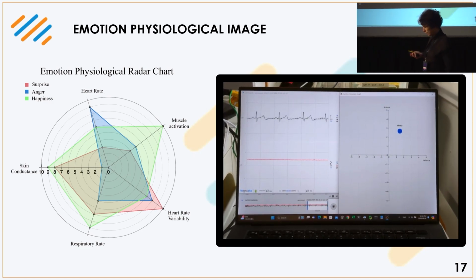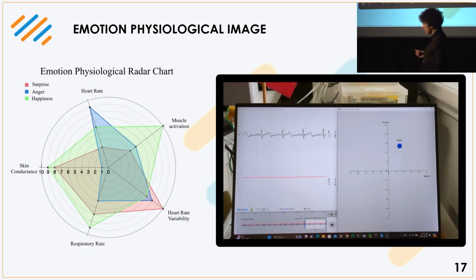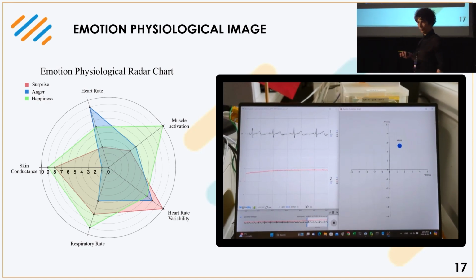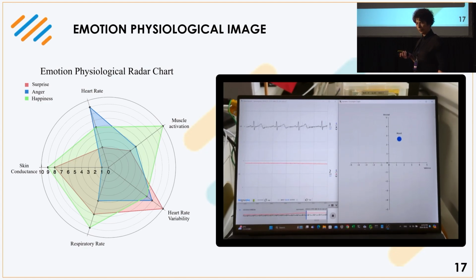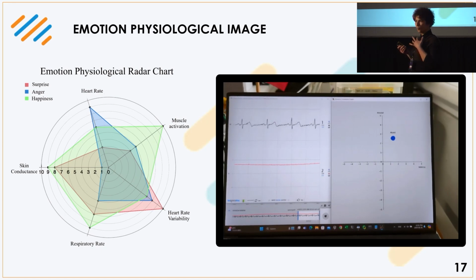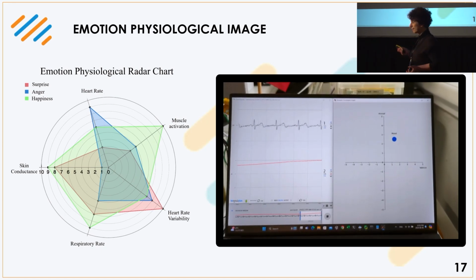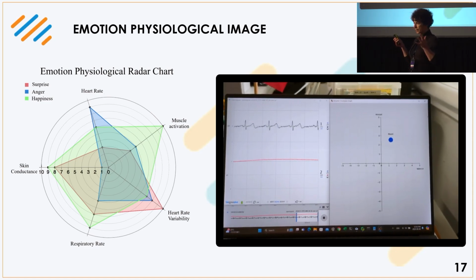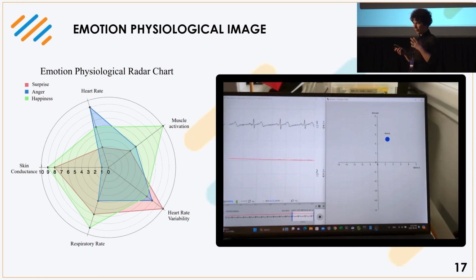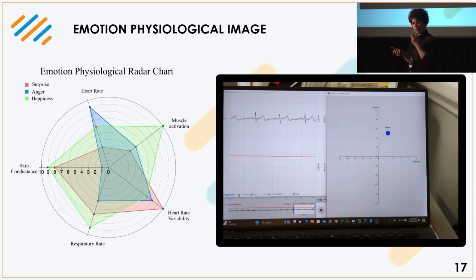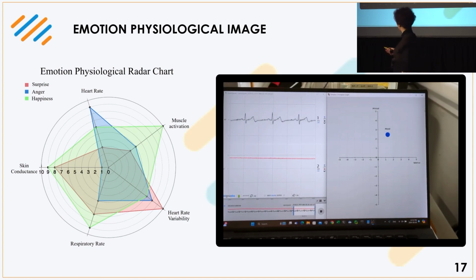So my work is actually on this, and the idea is to have something that can be used in robotics to, I wouldn't say very precisely or super correctly recognize emotion, but at least differentiate between emotions and especially understand the emotional changes of the person the robot is interacting with.